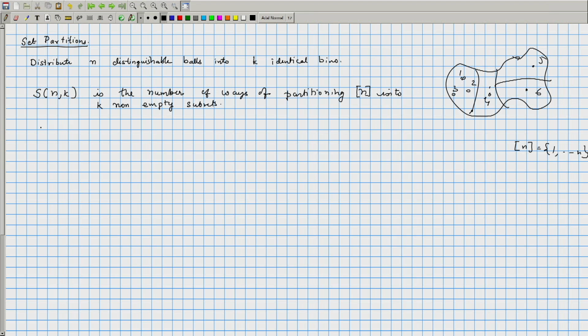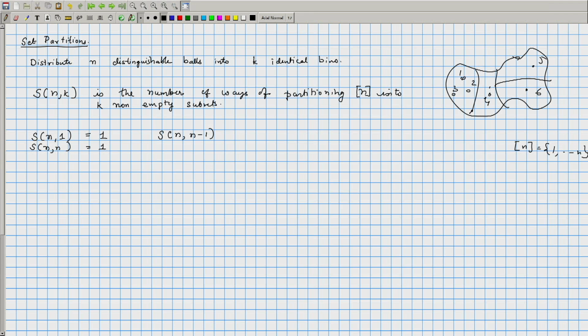So, let us see some examples. If we look at S(n,1), that is the number of ways of partitioning n into one subset. So, there is precisely one way of doing it. If we look at S(n,n), that means you have n objects and split them into n non-empty bins, and there is only one way of doing it. Whereas if you look at S(n,n-1), this is a little more interesting.